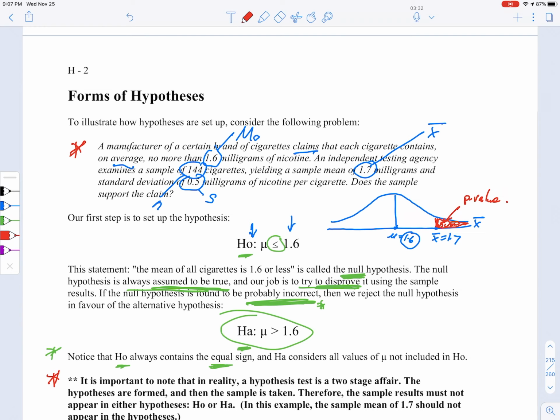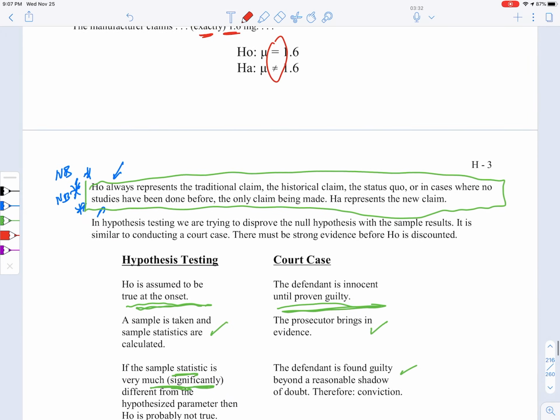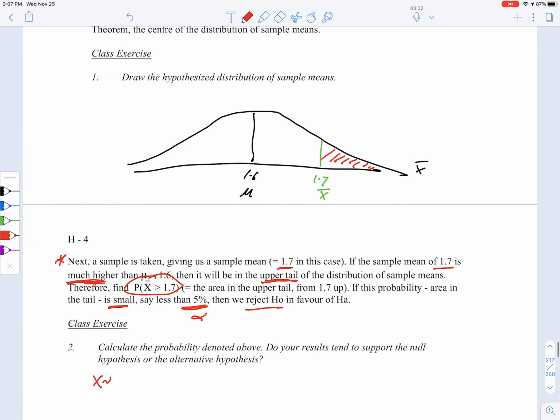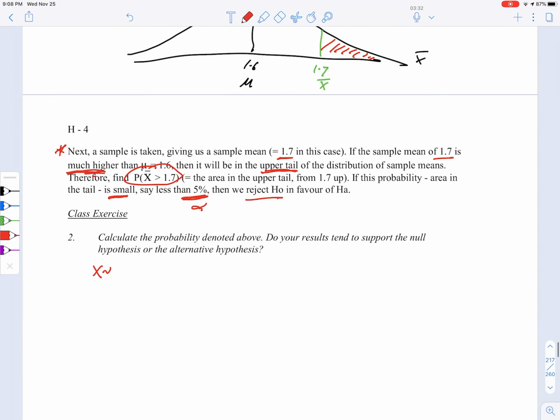A manufacturer of a certain brand of cigarettes claims that each cigarette contains on average no more than 1 milligram of nicotine, and so on. It has a hypothesized mean of 1.6. There's no sigma, so we have to use the S. It doesn't say anything about normality here.